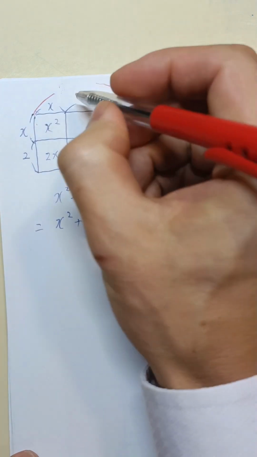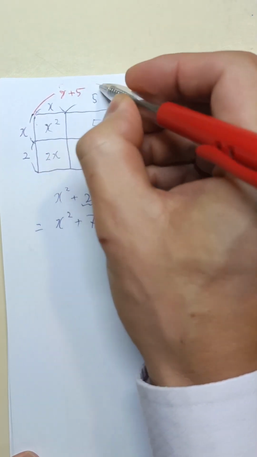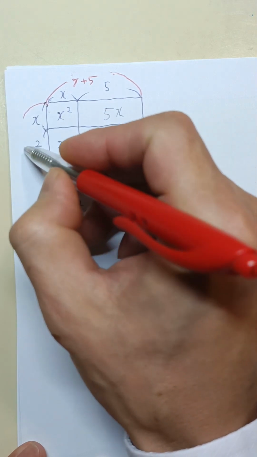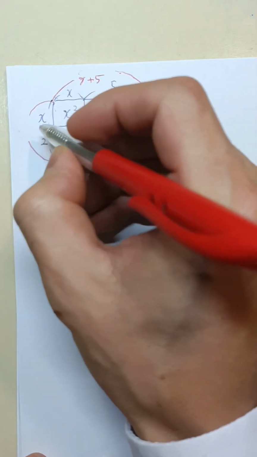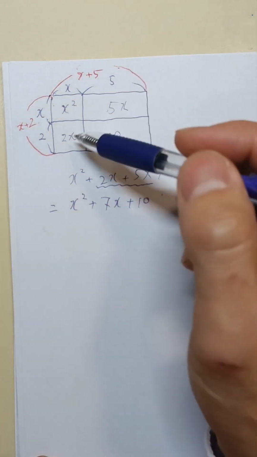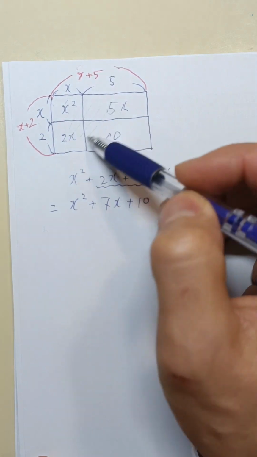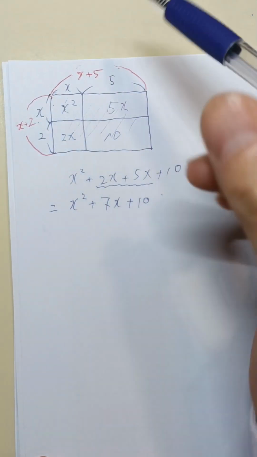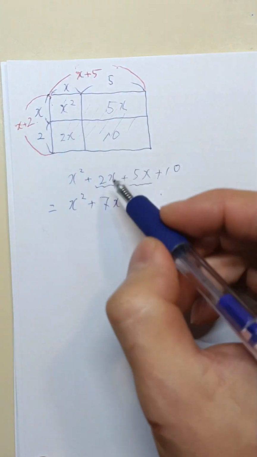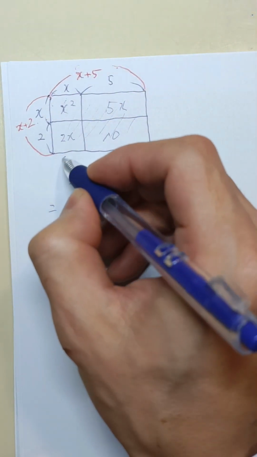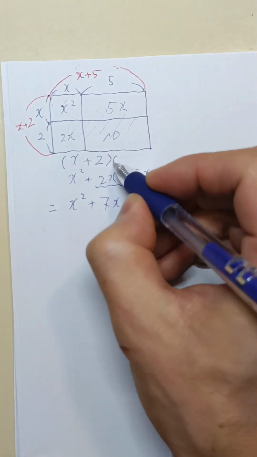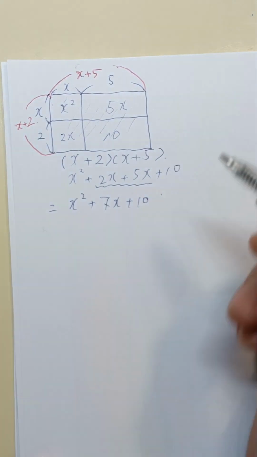The same thing can be said here, x plus 2, right? Which means if you look at the whole rectangle, x plus 5 times x plus 2 gives you the area, which is x plus 2 times x plus 5.